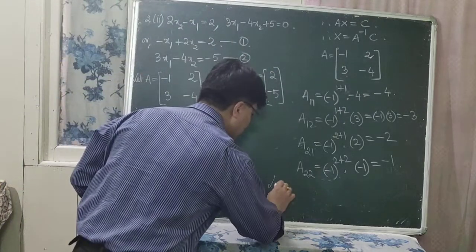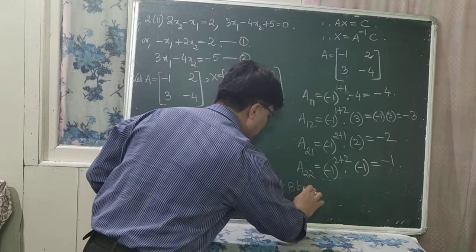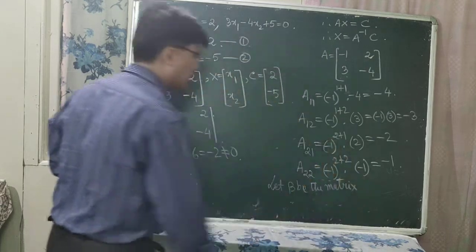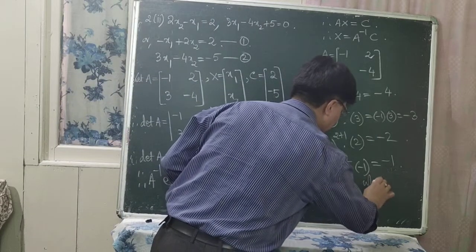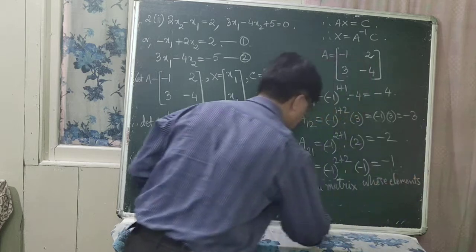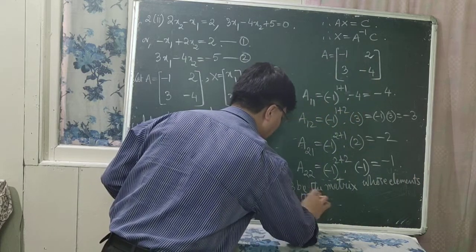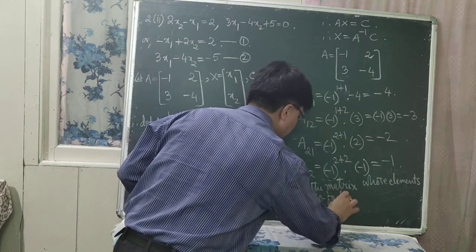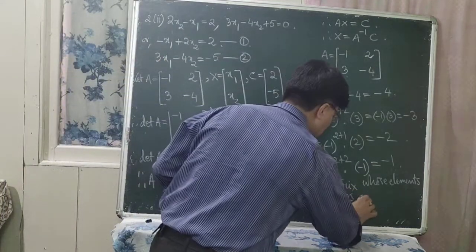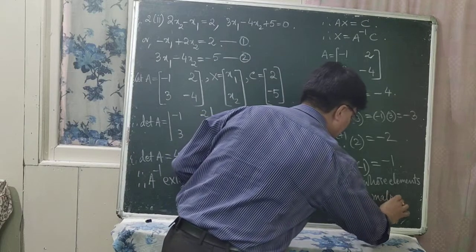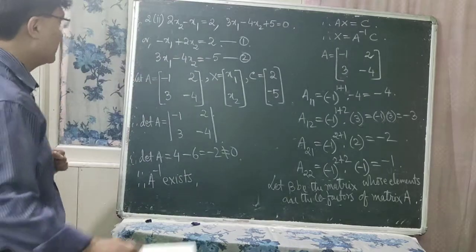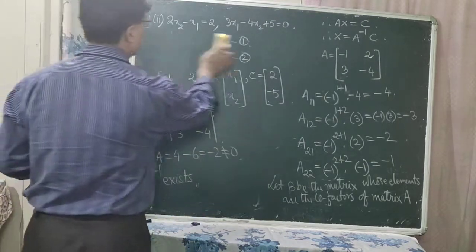Now let capital B be the matrix whose elements are the cofactors of matrix capital A. Is that clear now?